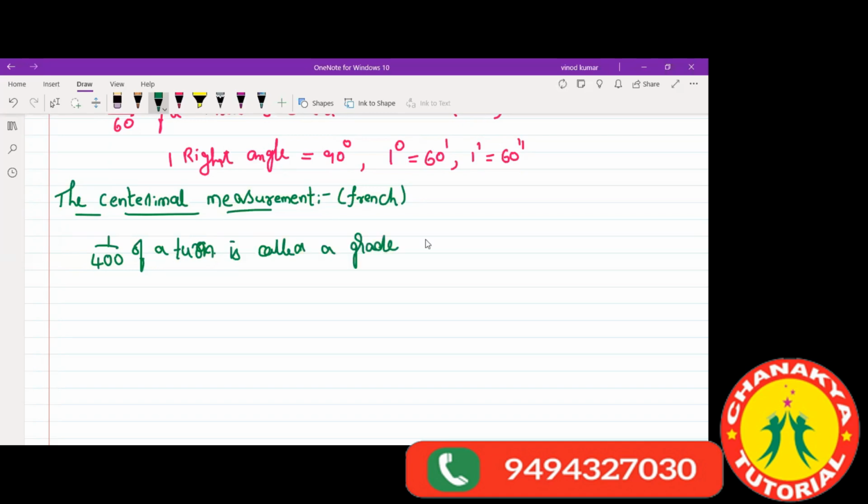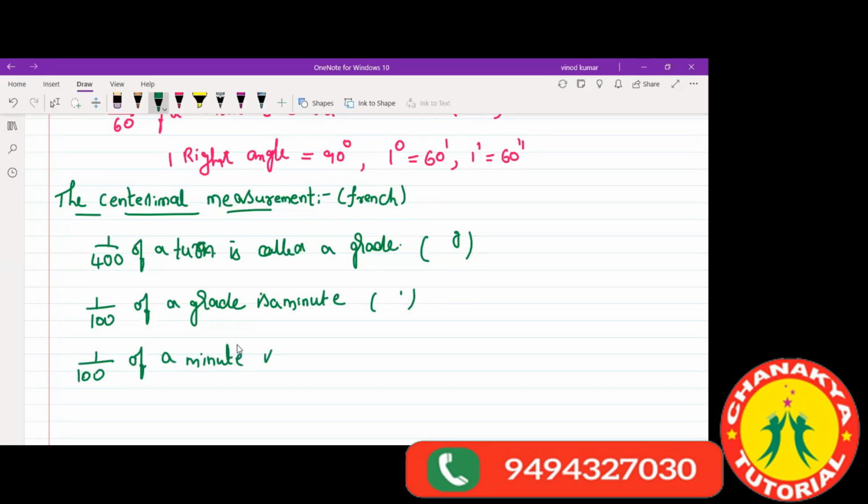A grade is written with a small g as a power. 1 by 100 of a grade is a minute. 1 by 100 of a minute is a second.